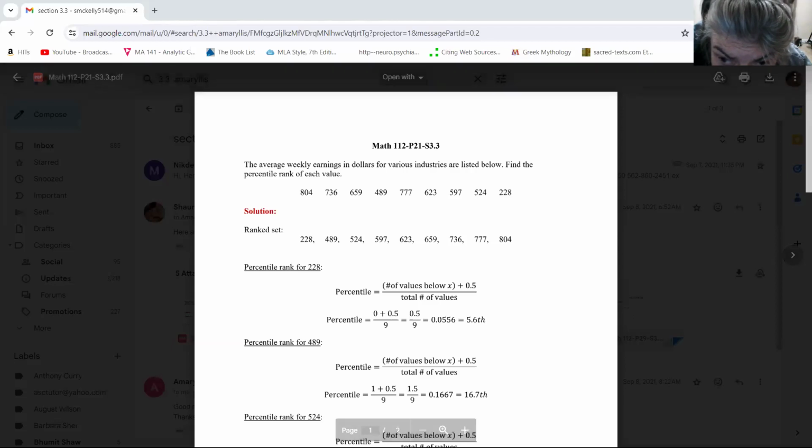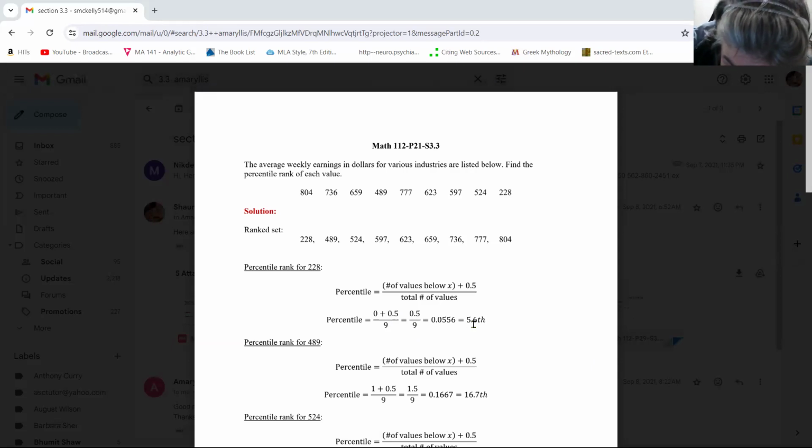What you're going to see here is the solution Professor McDowell has for the problem in question. And as you can see, as I stated, she rounds this to 5.6. She rounds the second one to 16.7.